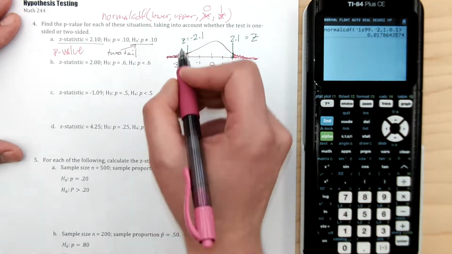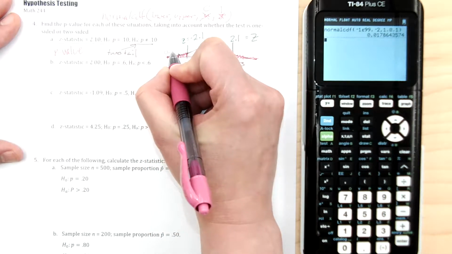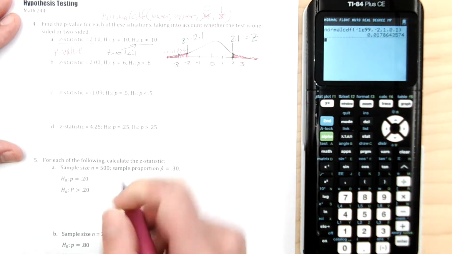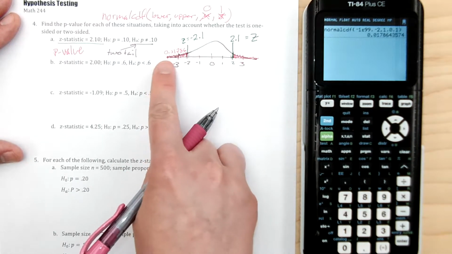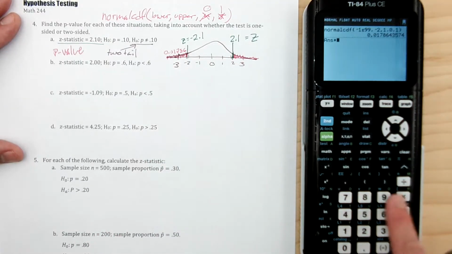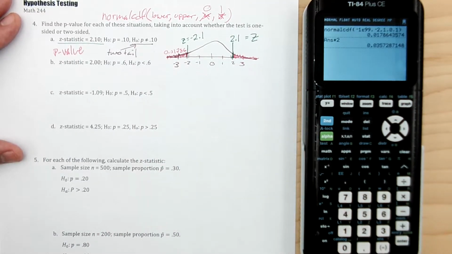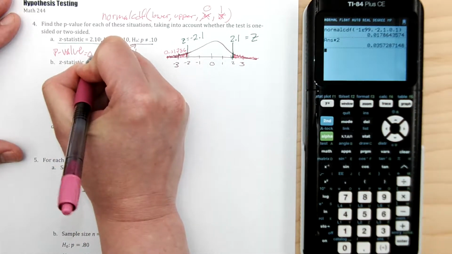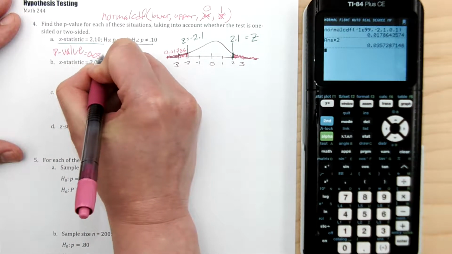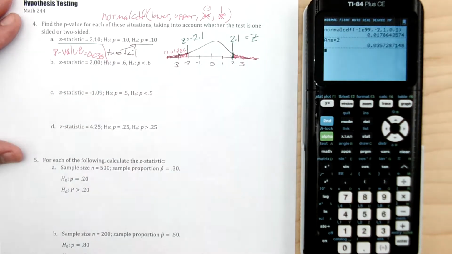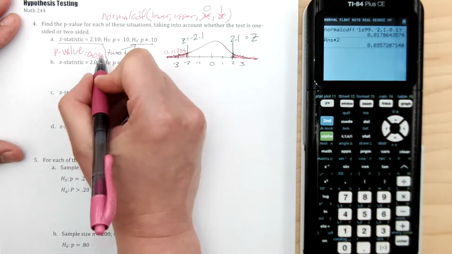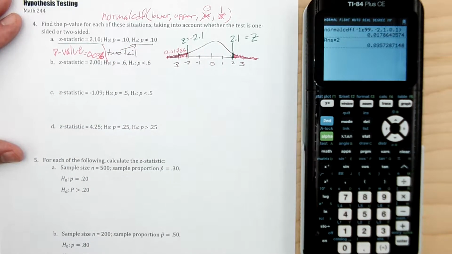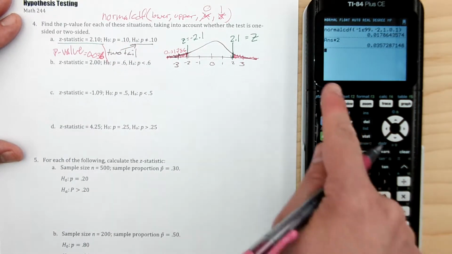And so this one side right here is 0.01786. So what I could do is I could use the symmetry, and I could multiply this by 2. And so I know my total p-value is going to be 0.035. Oops, there's my 5 rounds up to a 6. There we go. 0.036. There's my total value.